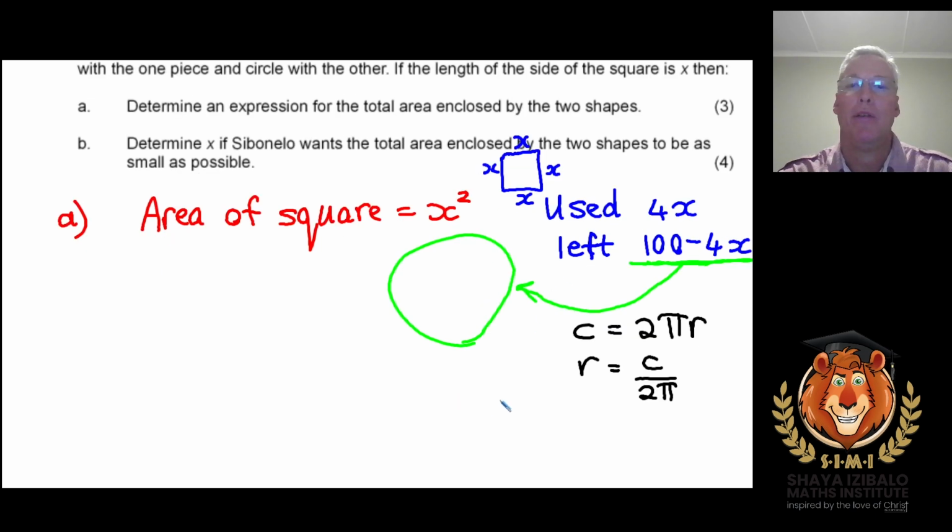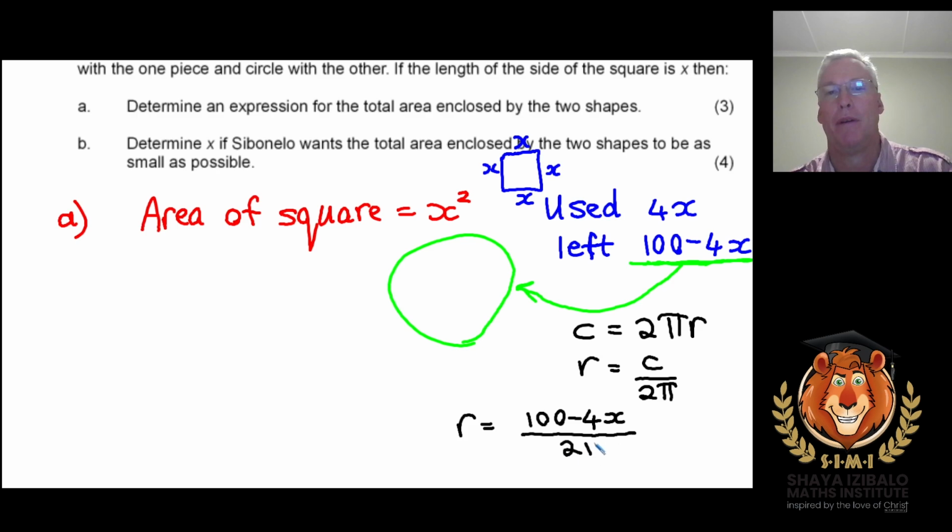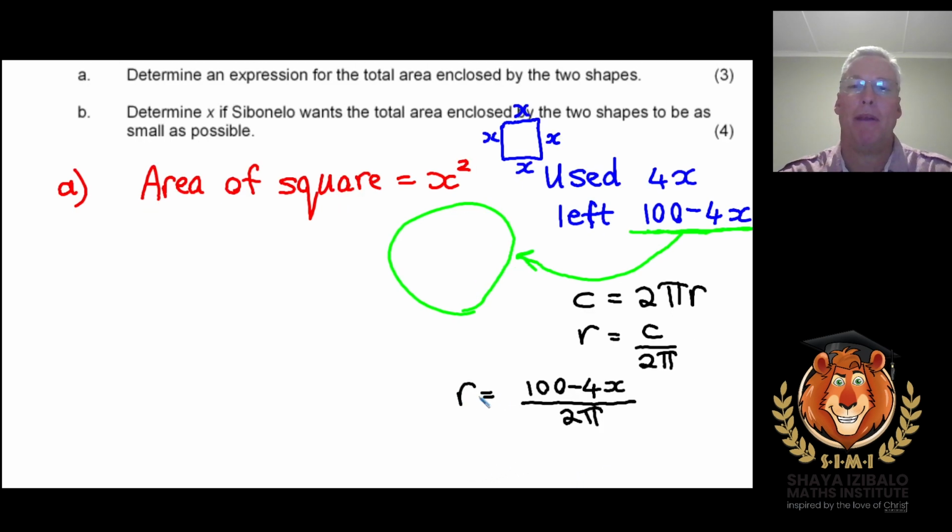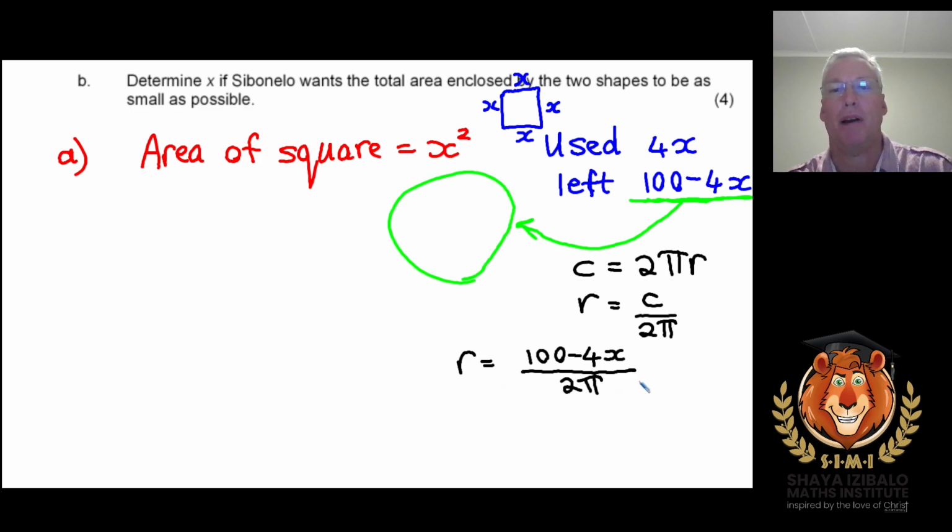So the radius of his circle is going to be the circumference, which is 100 minus 4x, divided by 2 pi. All right, now remember that area of a circle is pi r squared. Before I do that, I'm just going to simplify this because 100 over 2 is 50, all right? And 4 over 2 is just 2. So this is actually 50 minus 2x over pi is the radius.